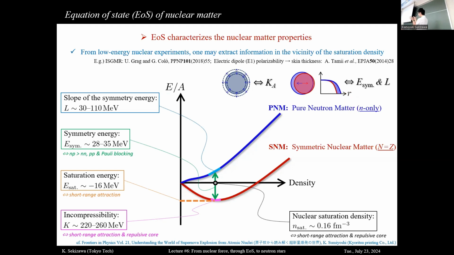Again, the excitation energy of the isovector giant dipole resonance can be related to the symmetry energy and this L parameter and so on.